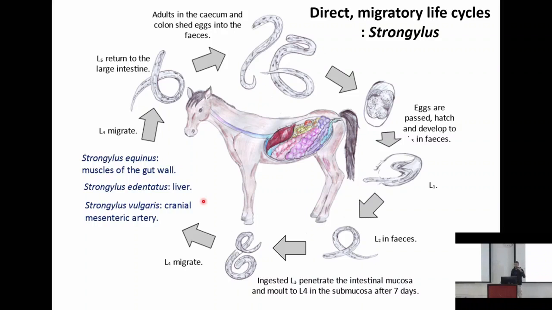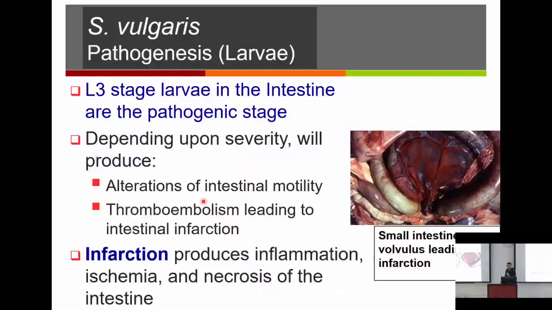Okay, as far as the pathology of this group of parasites is concerned, in the case of Strongylus vulgaris, L3 stage larvae in the intestine are a highly pathogenic stage. How? It causes thromboembolism.